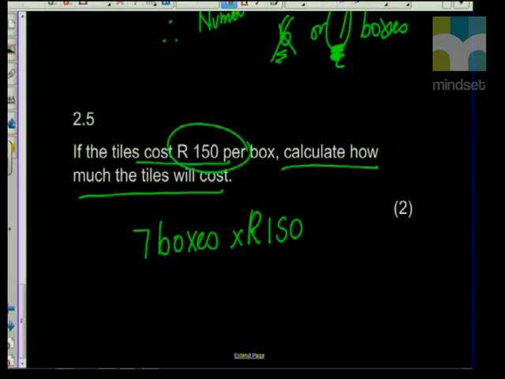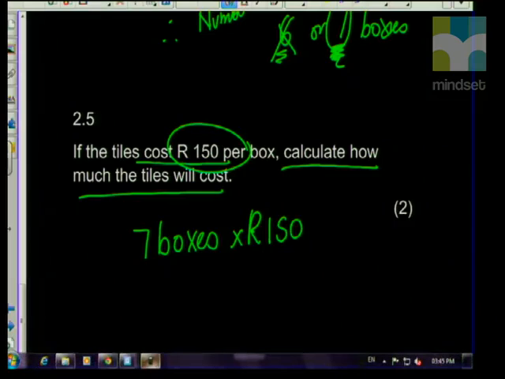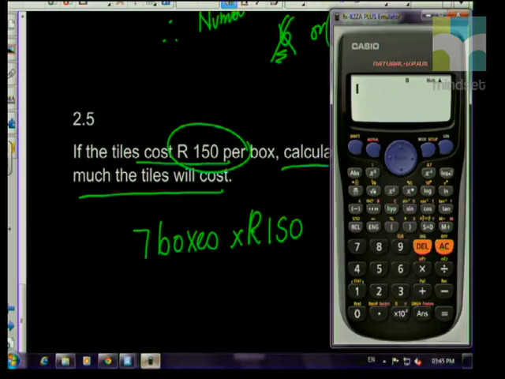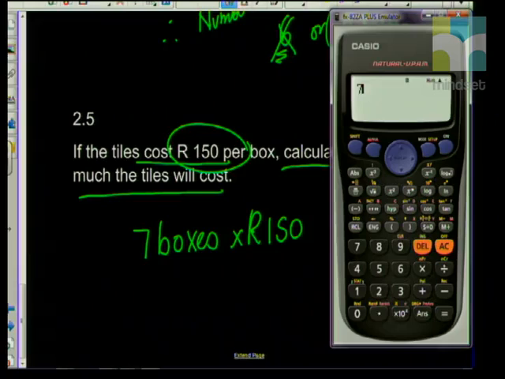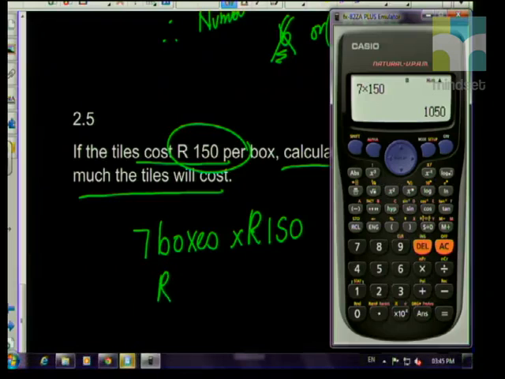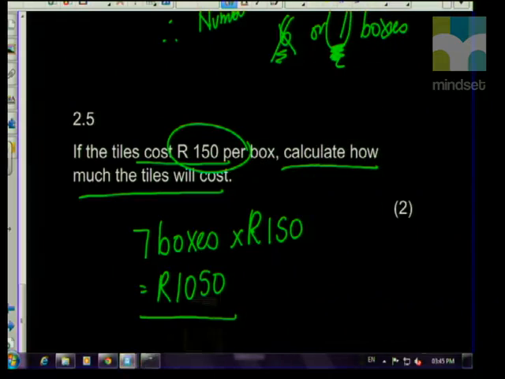So 7 times 150 is 1,050. So that would be the cost of the tiles to tile that classroom.